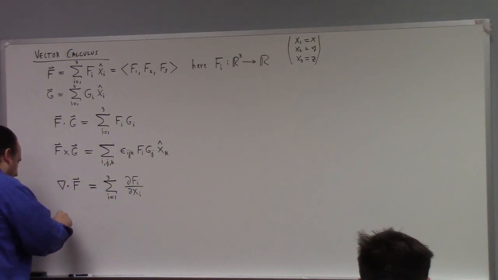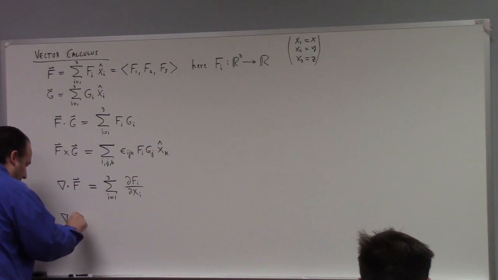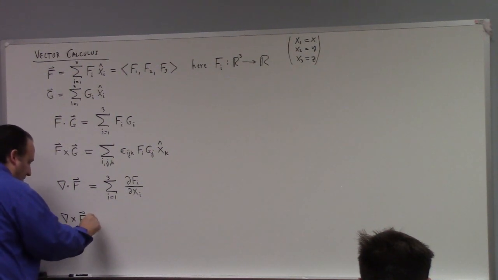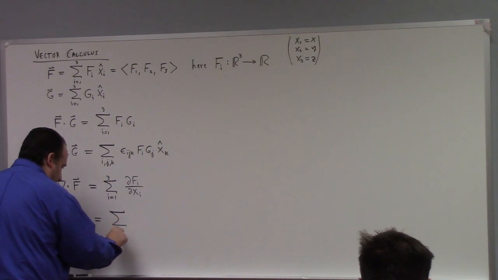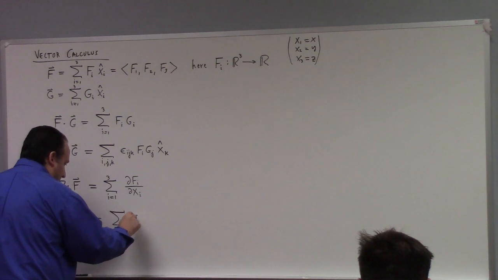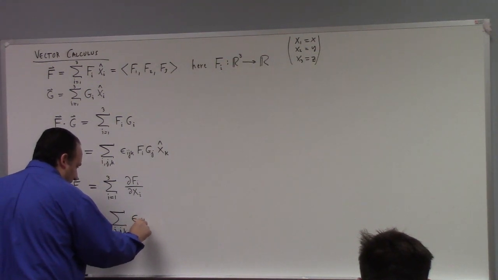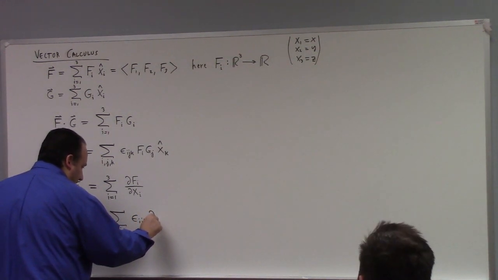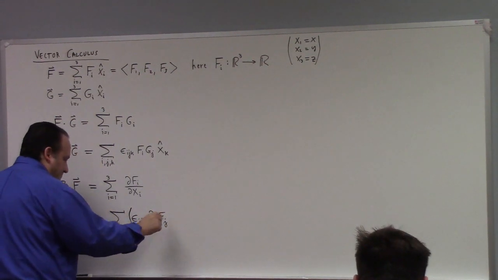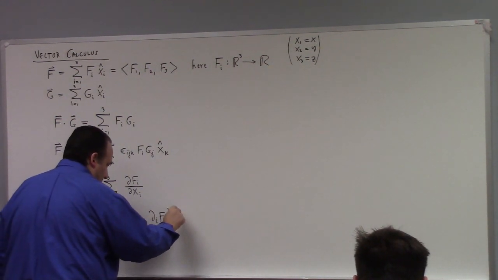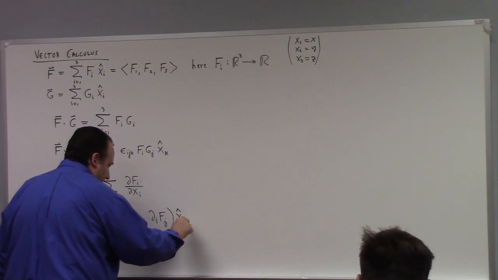But then we also have the curl, and the formula for the curl is pretty much the same as the cross product above: the sum over i, j, and k of epsilon i j k, partial i f sub j, all of that in the kth position.